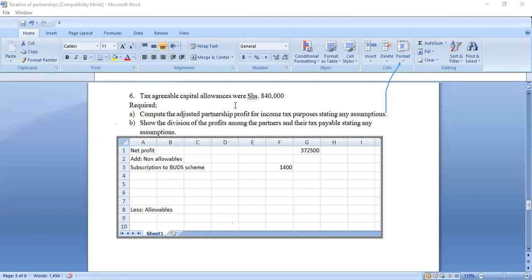I hope we are together on that: anything to do with staff entertainment is allowable for tax purposes. Actually, it's under meals, entertainment, and staff welfare, something like that. Those expenses are allowed for tax purposes.